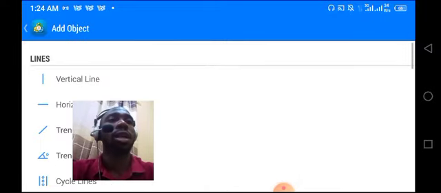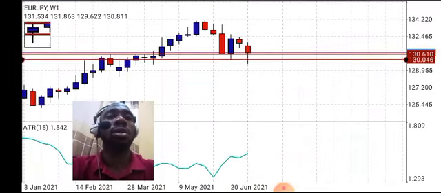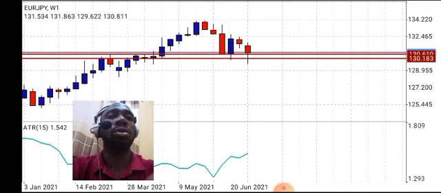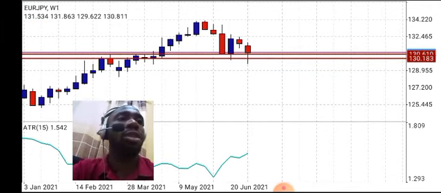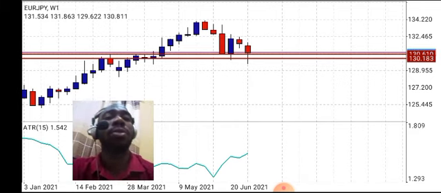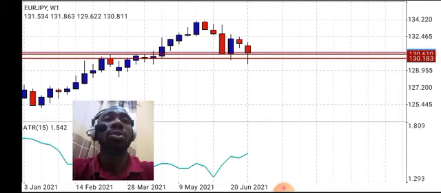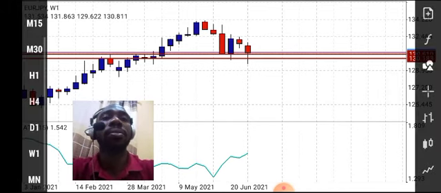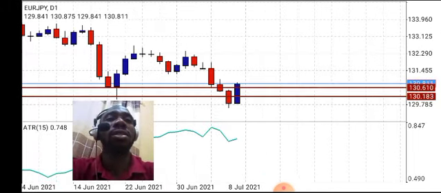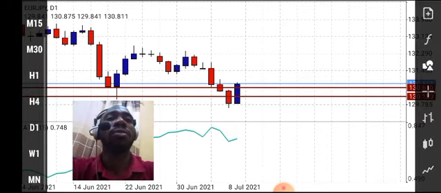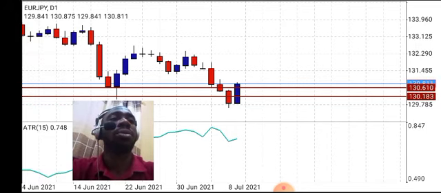You can also consider this previous resistance level turned support. So if market closes below 130.18, that would be a good price to sell Euro JPY. Okay, let's see what we have on daily. So that is that for Euro JPY.